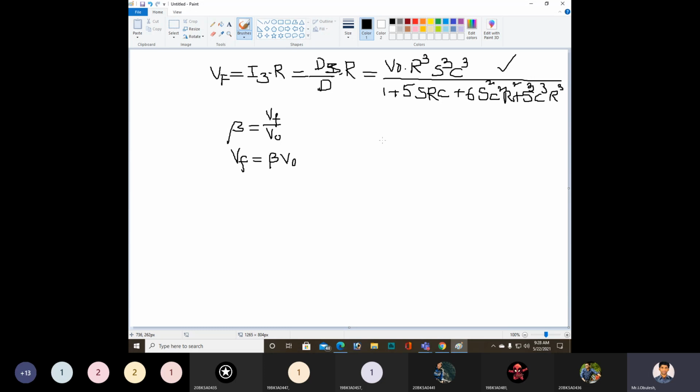Now substitute that Vf value here in the beta expression.